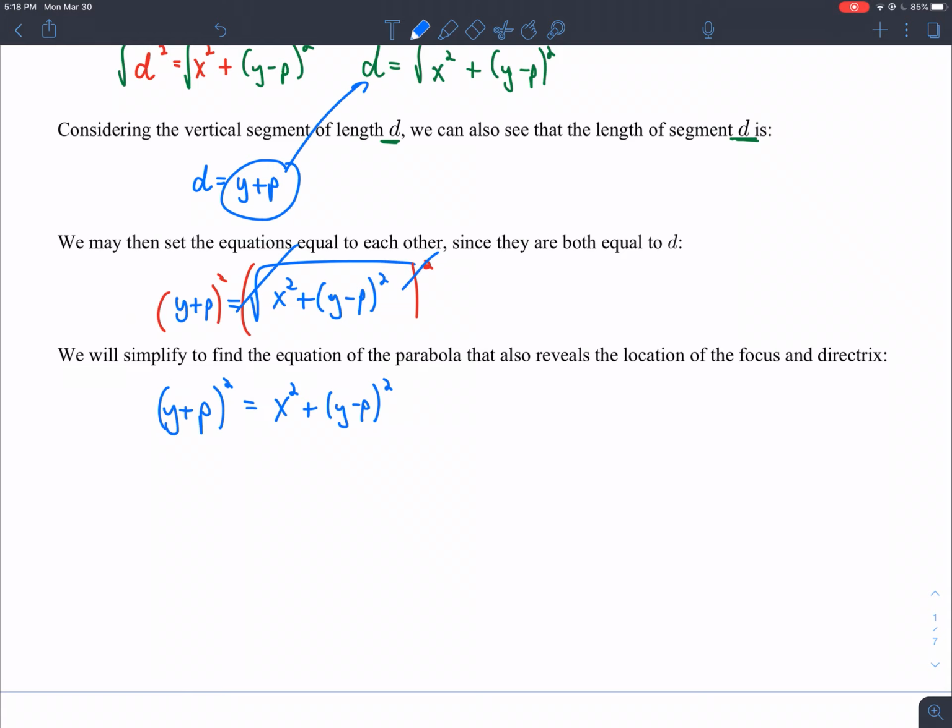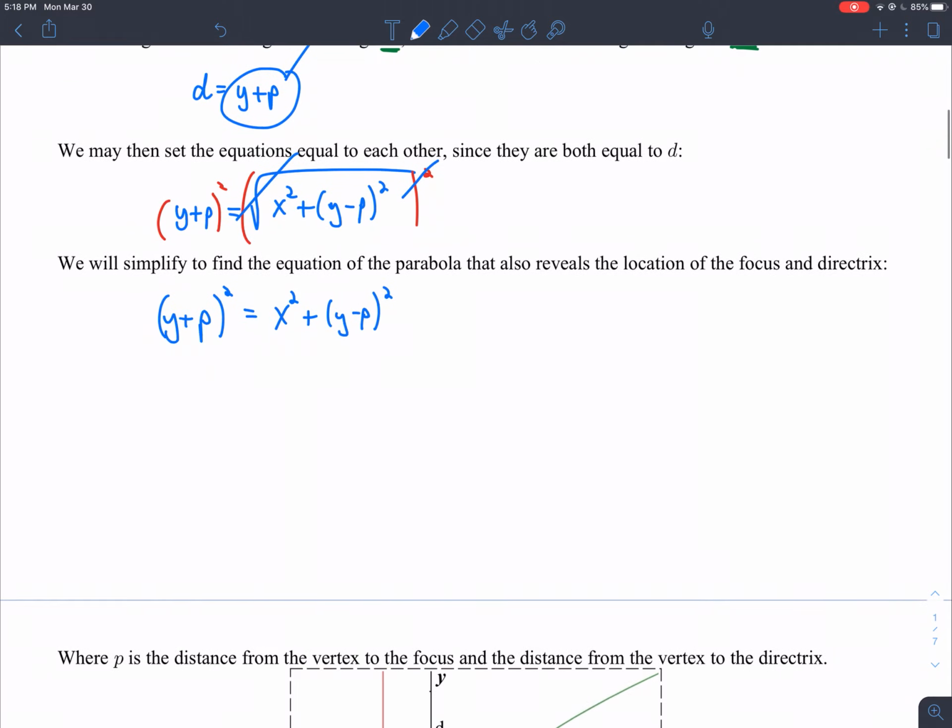Now you just use the square binomial formula that you've been doing all over the whole year and square this. So you get y squared plus 2py plus p squared. If you don't remember how to get that, just write it out twice and FOIL, but your math skills are beyond this at this point.